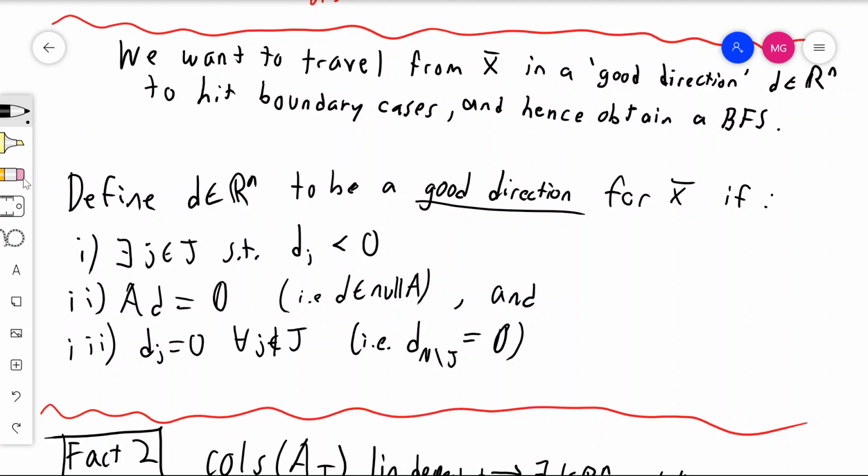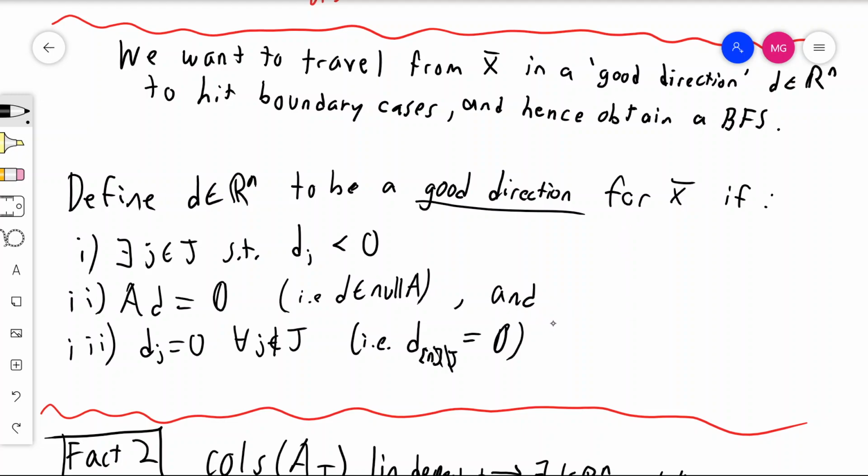I might as well fix that now. I can just erase this if I'm careful enough, and replace that with the correct little n, not J. I know that's kind of messy now, but n not J is what we meant there. But the real condition was right here: dj is 0 for all j that aren't in this capital set of indices J. Okay, and so that's what a good direction for x bar will be.